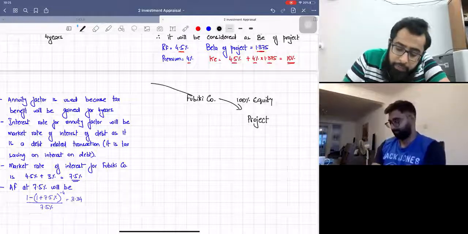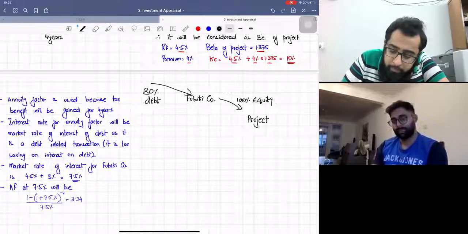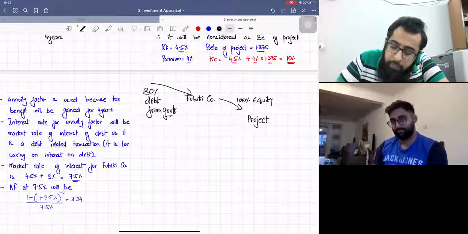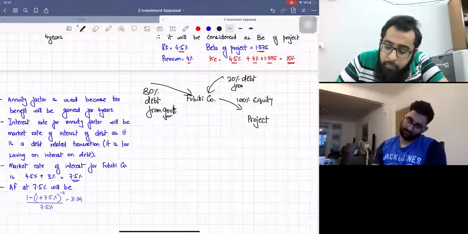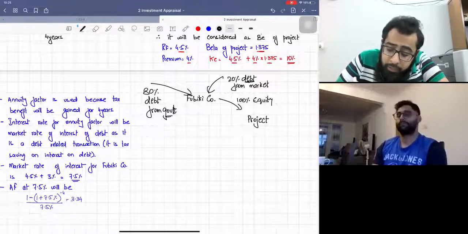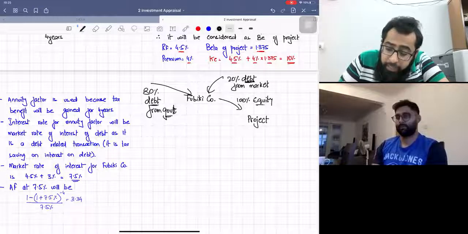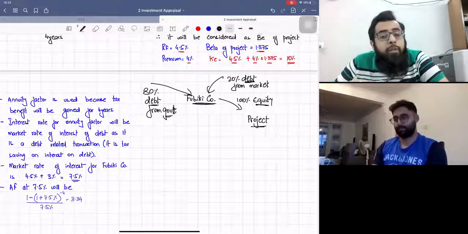And the company will take 80% debt from the government and 20% debt from the market. The company is using debt, but as far as the project is concerned, the company is the 100% equity owner of the project.